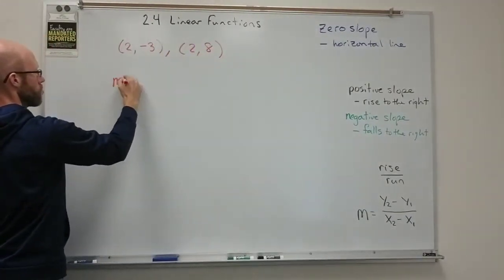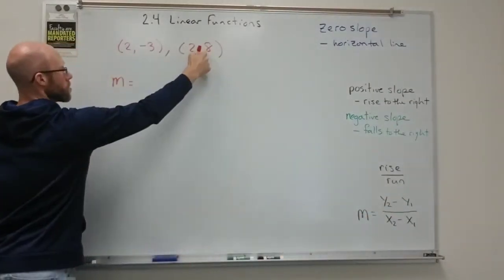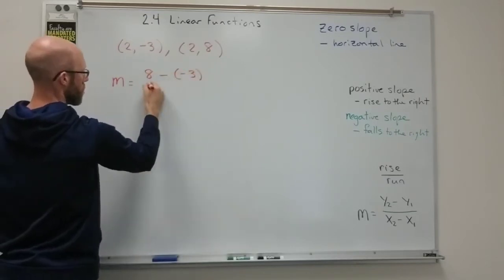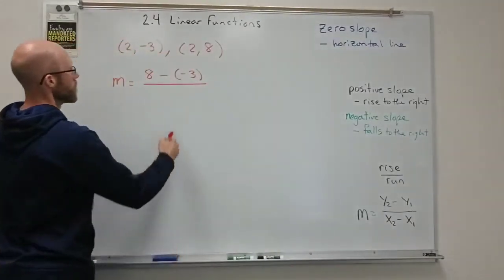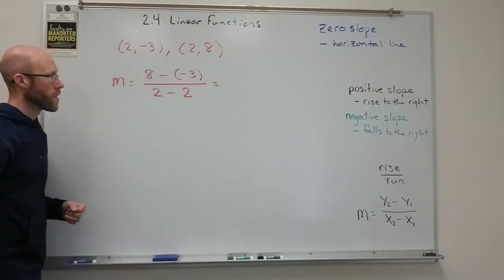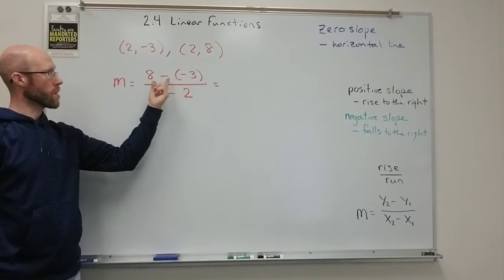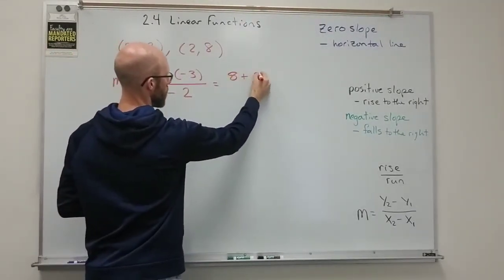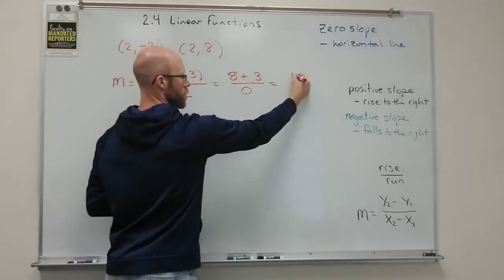So again, the slope, I'll look at my y2 minus y1 is going to be 8 minus negative 3. And the x2 minus x1 is going to be 2 minus 2. Okay, again, I'm going to simplify on top. 8, the double negative makes this 8 plus 3. And on the bottom, 2 minus 2 is 0. 8 plus 3, of course, is 11.